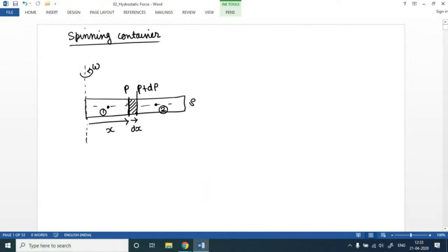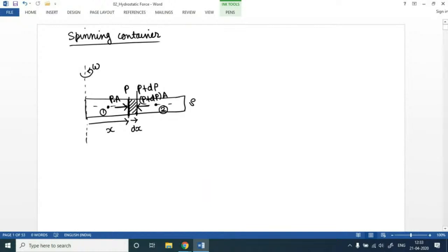Because the pressure here is P, the liquid from this side exerts a force in this direction, and that would be P times A, and the liquid from the other side exerts a force in this direction, that would be P plus dP times A. As you know, the force due to pressure is compressive in nature, so this element of the liquid is getting compressed from both sides.